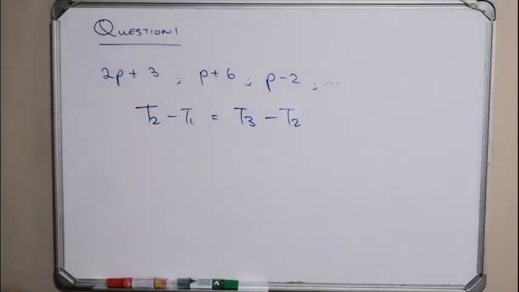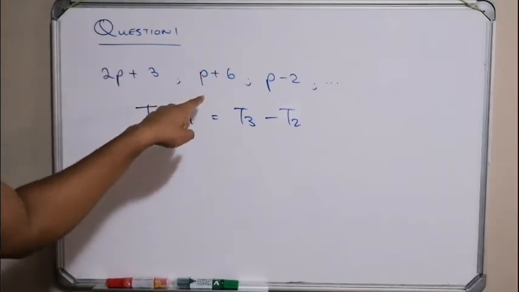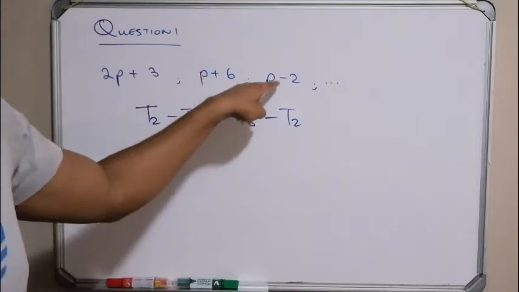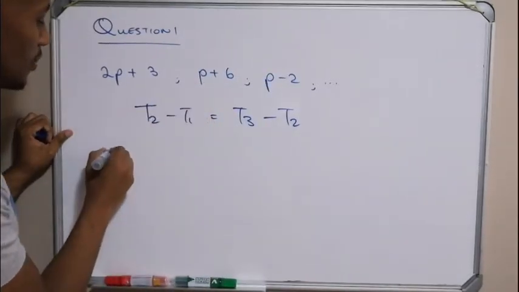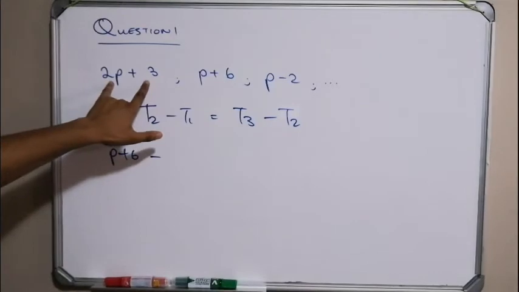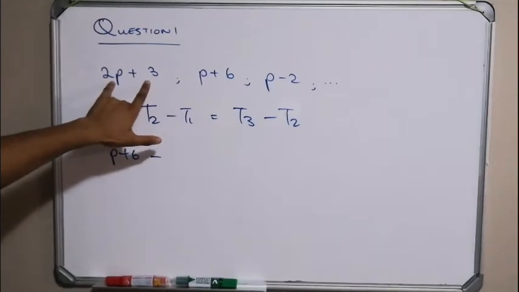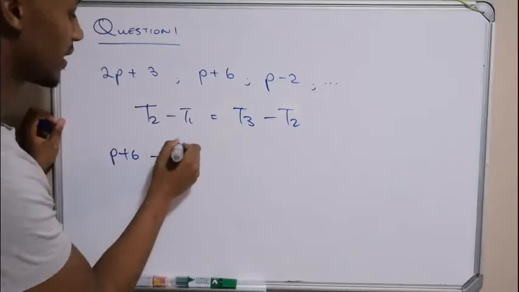The reason why I can make this statement is because we should have a constant difference. So the difference between these two terms should be exactly the same as the difference between these two terms. Okay, so let's substitute. My second term is p plus 6. Now I need to minus my first term. But since there are two terms in the first term, I want to put brackets around that.